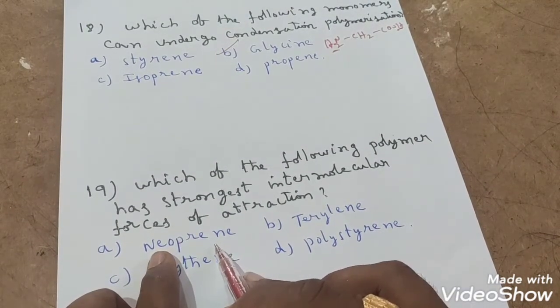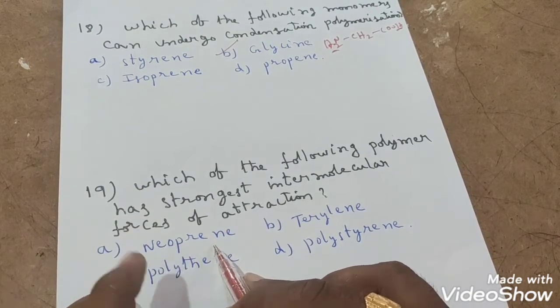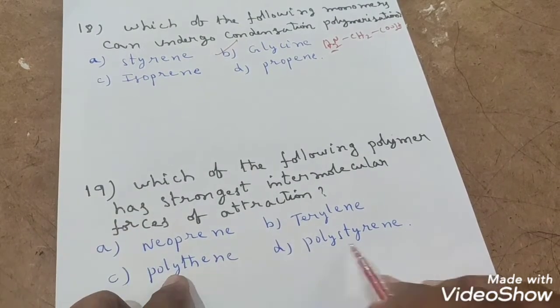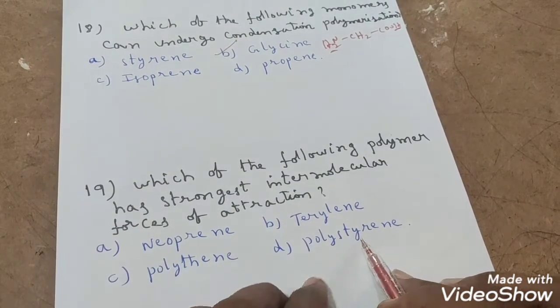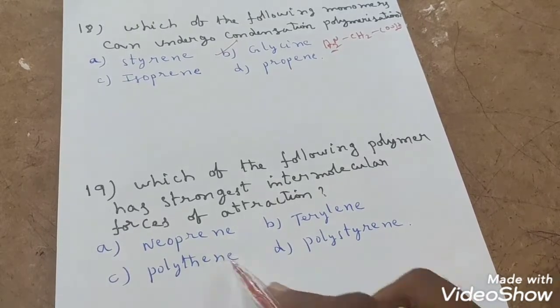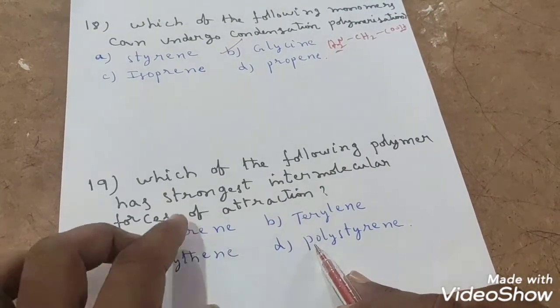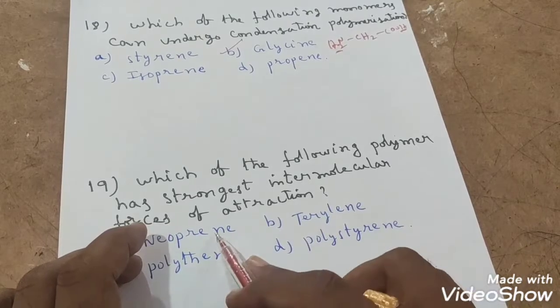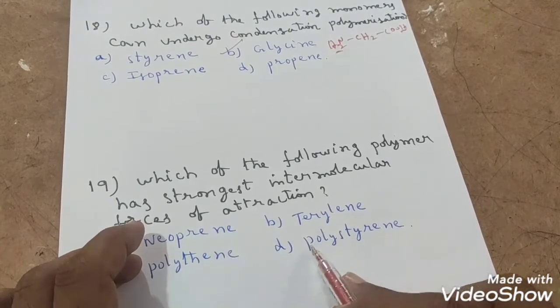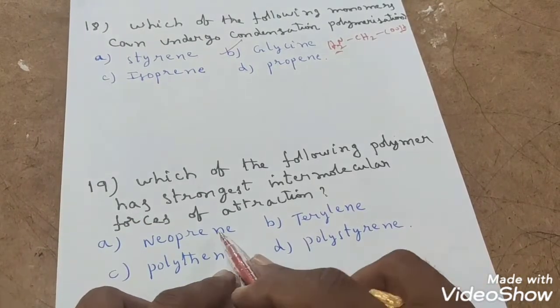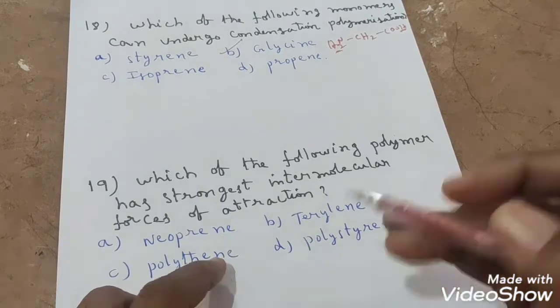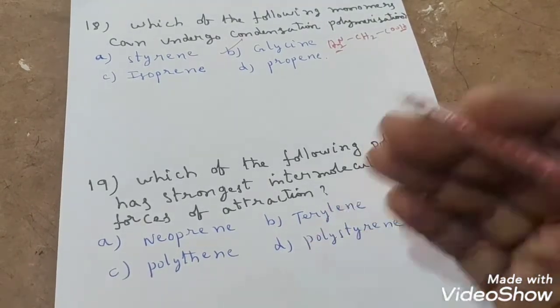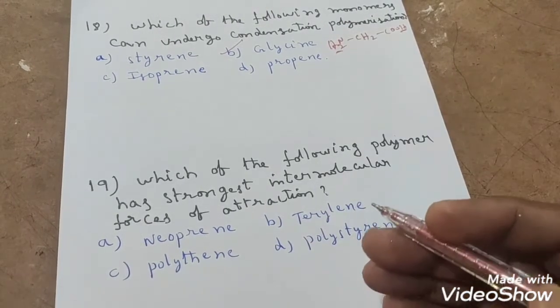Neoprene is one of the examples of what? Addition polymer. Polythene is also an addition polymer. Polystyrene is also an addition polymer. How do we get to know, sir, that all these are addition polymers? These polymers came from monomer units which possess only unsaturation, not bifunctional groups, right? If bifunctional groups are present, definitely those monomers will undergo condensation polymerization.